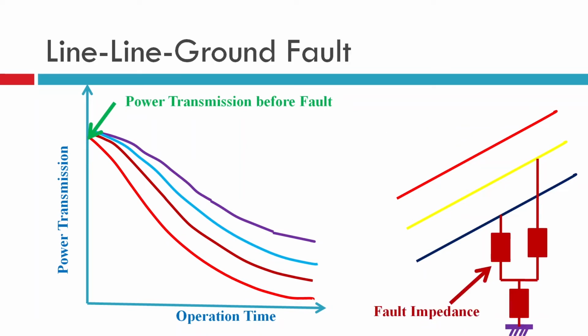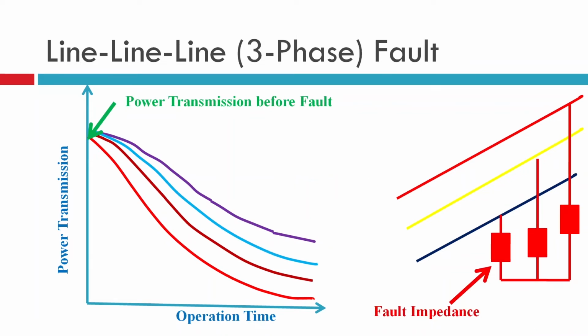Now, double line to ground fault. In the previous slide, we have seen line to line fault, and if these two phases are connected through an impedance and further they are touching the ground through an impedance, the fault is known as double line to ground fault.